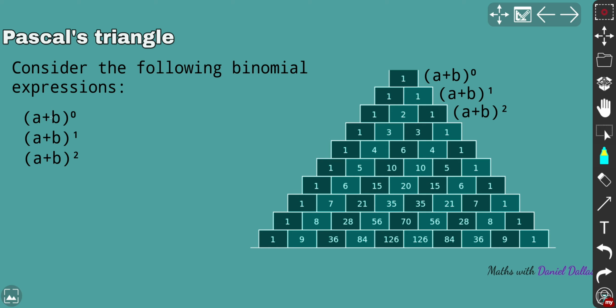So let's consider the following binomial expressions. We know that (a plus b) to the power 1 is simply a plus b, right? And here it's going to be a squared plus 2ab plus b squared. That's what we know.